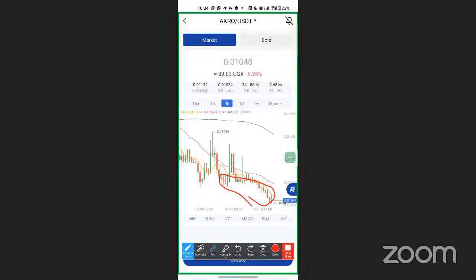Question 1, either candles are forming above the moving averages, or a small moving average has crossed a big moving average. Does Acro qualify to be traded, although it is the most negative coin? Give me an answer in the chat.